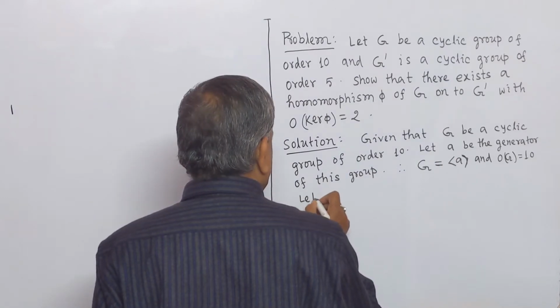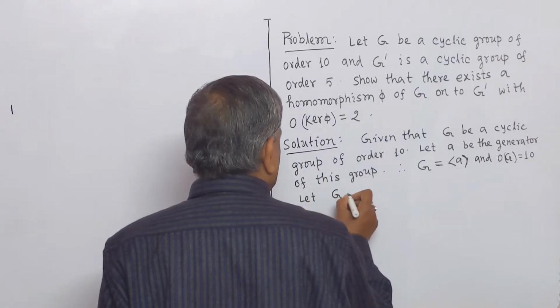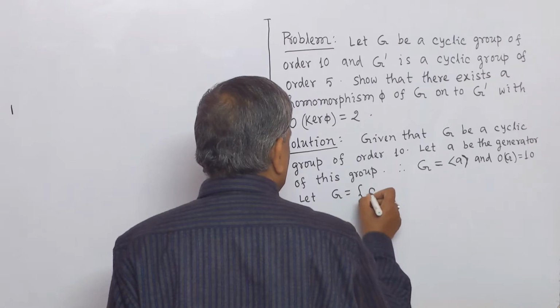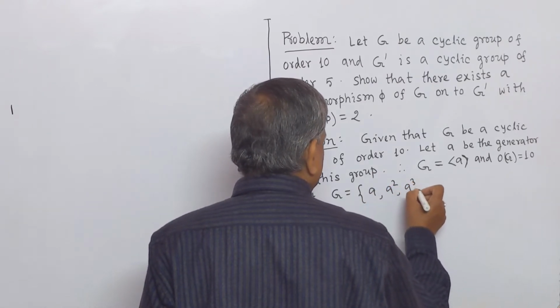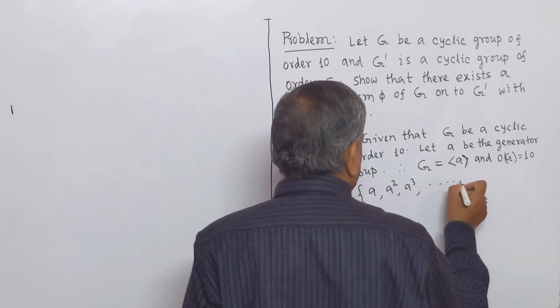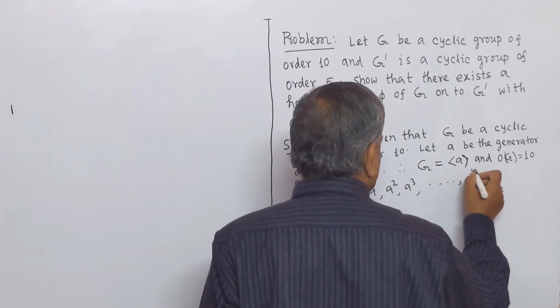Let G contains elements A, A square, A cube, up to A to the power 10.